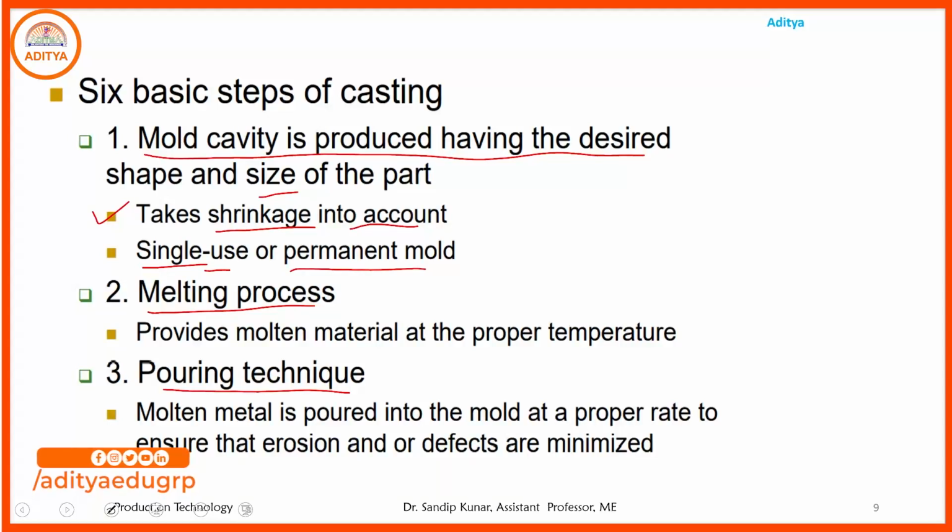Sometimes when pouring the molten material, turbulence may cause erosion and create defects in the pouring cup. So we take care of that when pouring the molten material into the gating system.